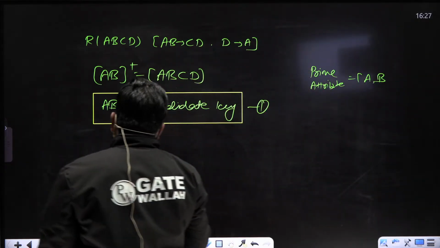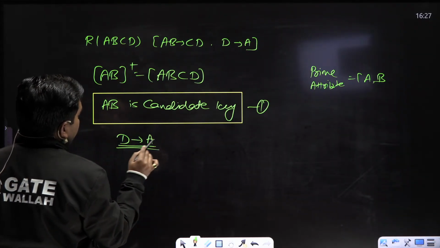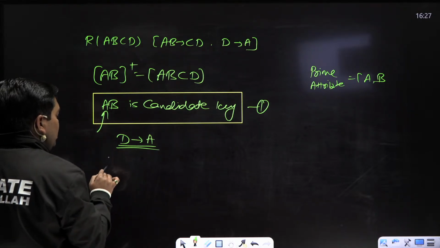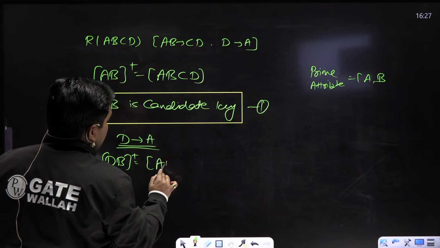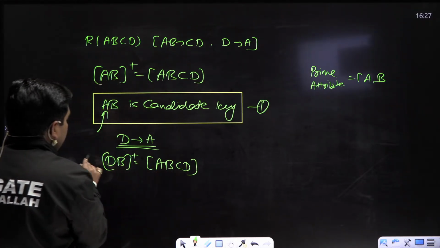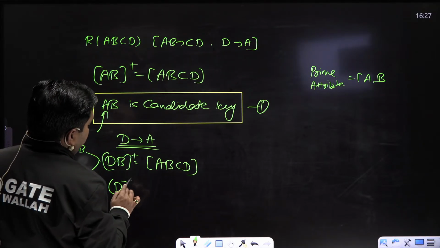Now we have to check. Here you can see D determines A. So you can replace this A with the help of D. What you are getting? D, B gives A, B, C, D. We can't say directly until we take the closure of D. When you take the closure of D, what are you getting?